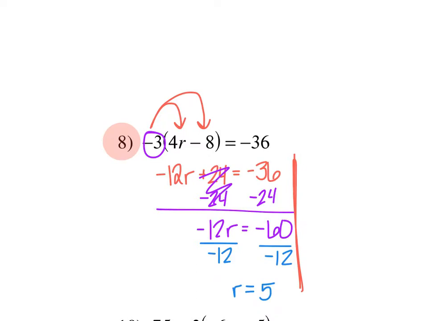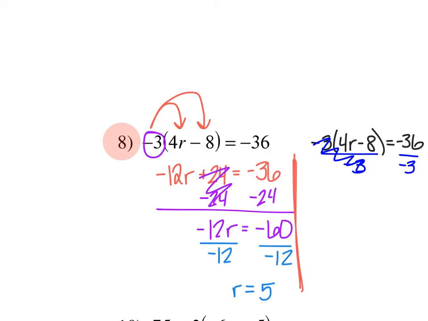So if I rewrite this as negative 3 parentheses 4r minus 8 equals negative 36, we can divide both sides by negative 3. And what that does is just cancels out the negative 3, so that you don't have to distribute, because that negative 3 is being multiplied to basically the entire side.